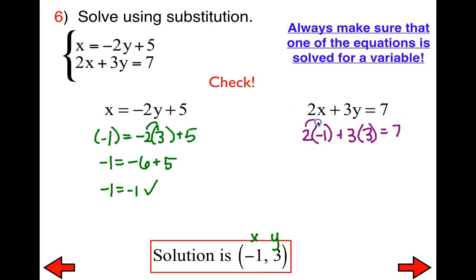So here we have 2 times negative 1, which is negative 2. 3 times 3 is 9, so that's plus 9 equals 7. Negative 2 plus 9 is 7. Does 7 equal 7? Yes. So I can confidently say that the solution is indeed negative 1 comma 3 because both equations work.